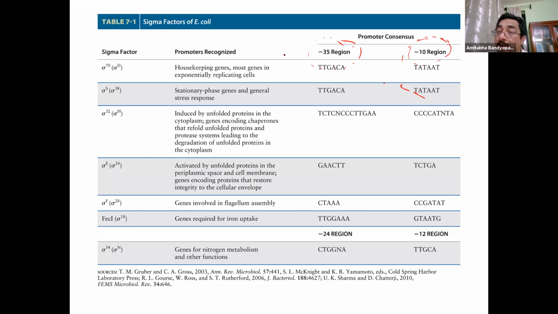The promoter sequence can vary simply because the protein sequences are different between LAC70 and LAC S or LAC32. The protein sequences are different, so clearly all different kinds of sigma factors cannot have the same affinity towards one particular promoter sequence. So therefore, to offer the optimal binding, the promoter sequences are varying as well.